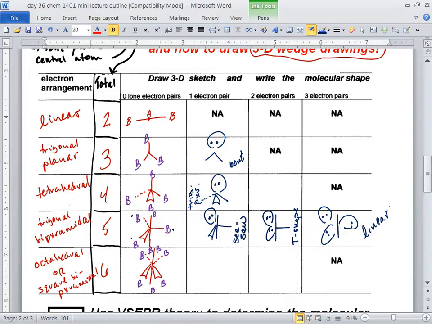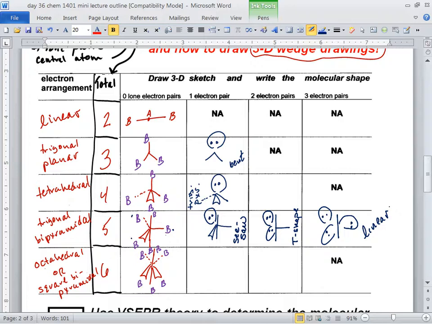Okay. Oh, we kind of didn't finish tetrahedral. So tetrahedral with one lone pair is trigonal pyramidal. Here was my tetrahedral, right? I popped off one, and it was trigonal pyramidal. Pop off another one, and now the shape would be bent.